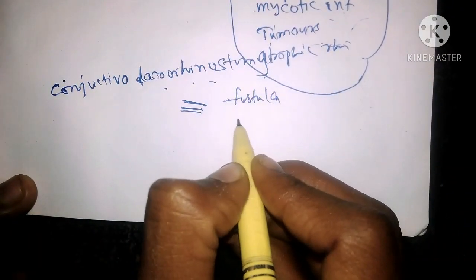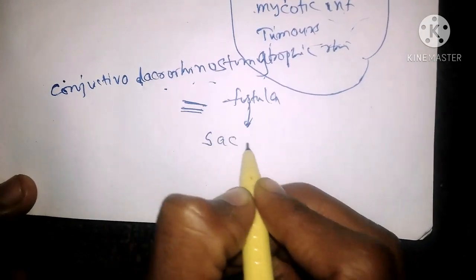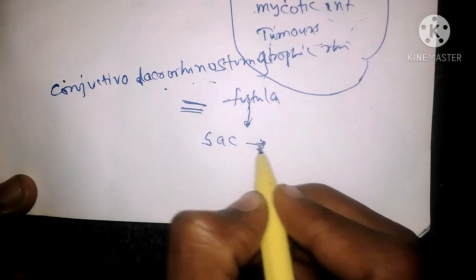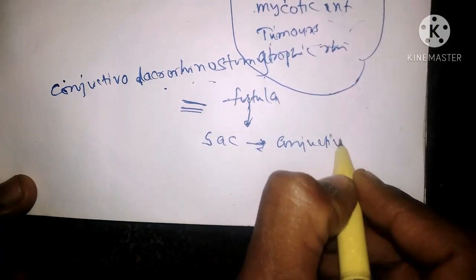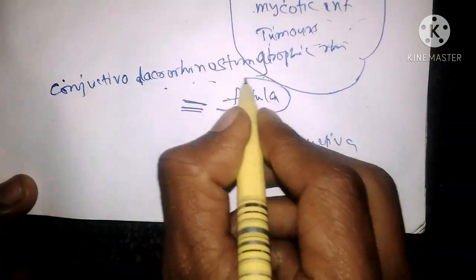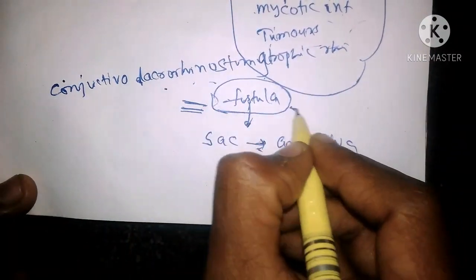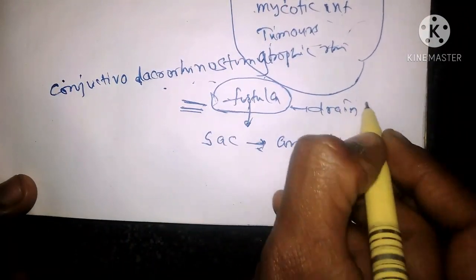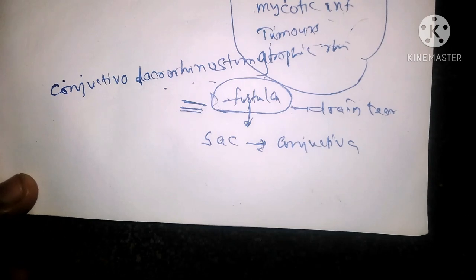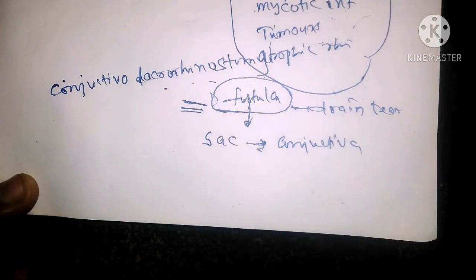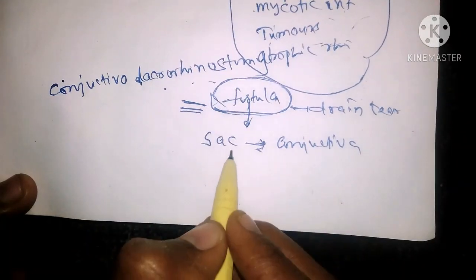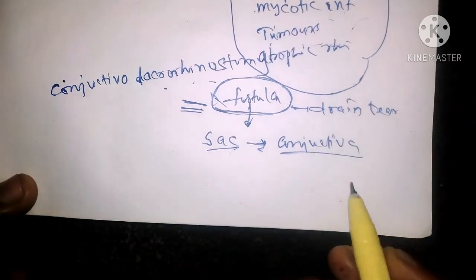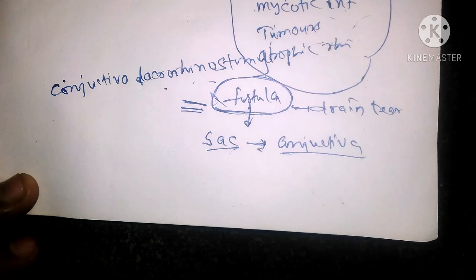We make a fistula connecting the sac and conjunctiva, we can say. So by making the fistula, we can drain tears, right? That draining will become easier. Clear? So we are making a fistula between the sac and conjunctiva so that the drainage of tears will become normal.